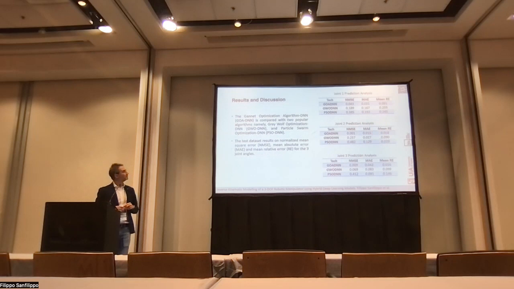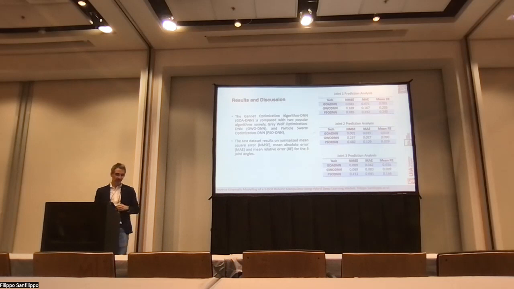In these tables here, we see some of our results. We compare the meta-heuristic that we have used, the Garnet optimization algorithm, with two more heuristics. One is the gray wolf optimization algorithm, and the other one is the particle swarm optimization algorithm. Both of them are agent-based heuristics, and in the columns we have the three cost functions that we have used to do this comparison.